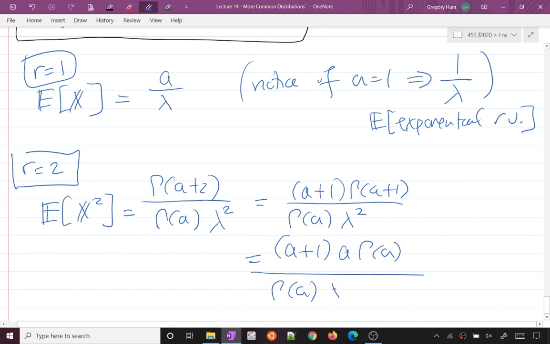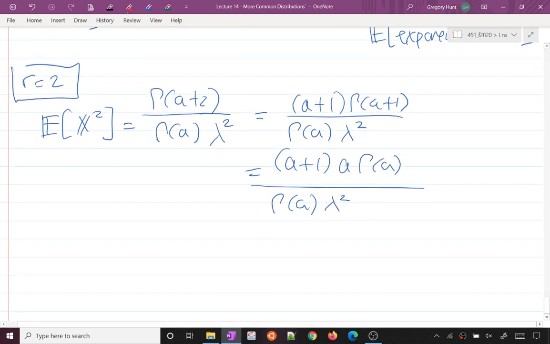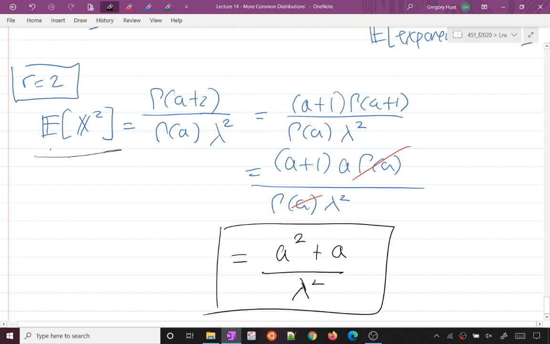Got a gamma of a in the basement, a lambda squared in the basement. And now my gammas go away. And what I'm left with is, well, let's say it's a squared plus a over lambda squared. So this is the second moment. This is the expected value of x squared in this case. Well, that's nice.